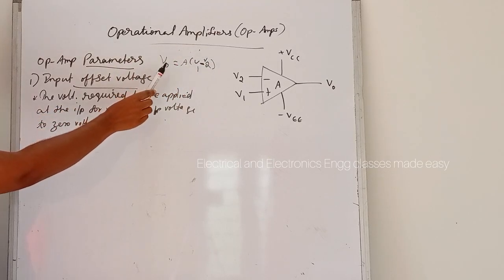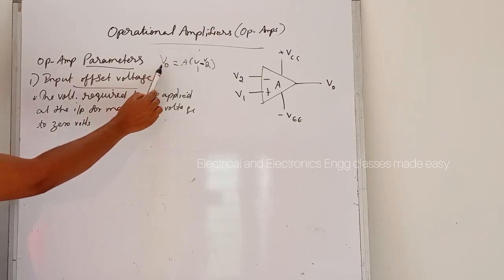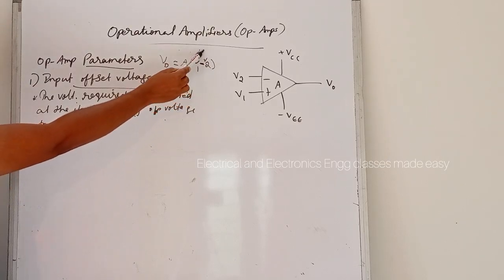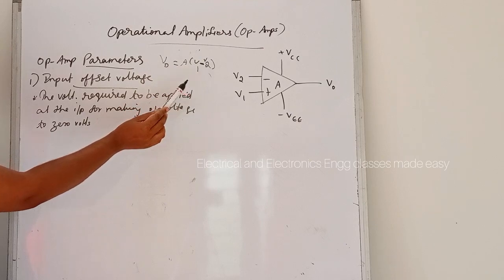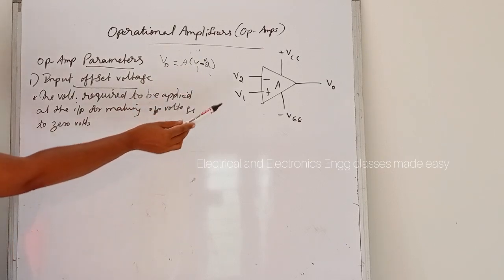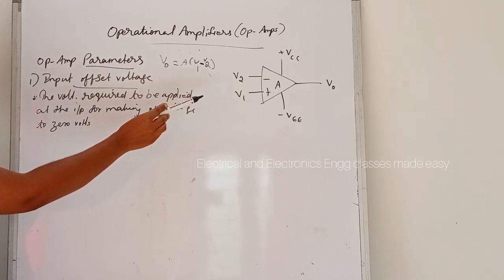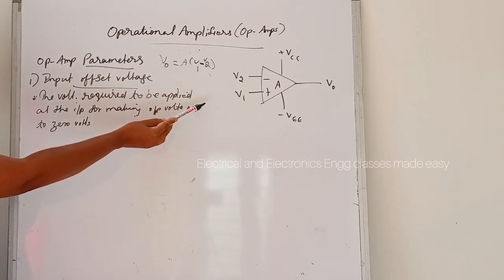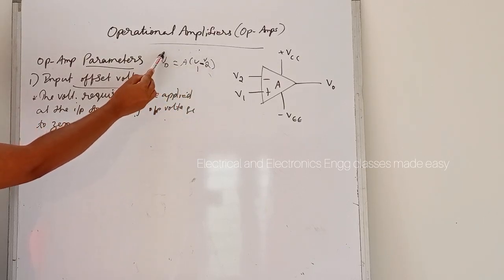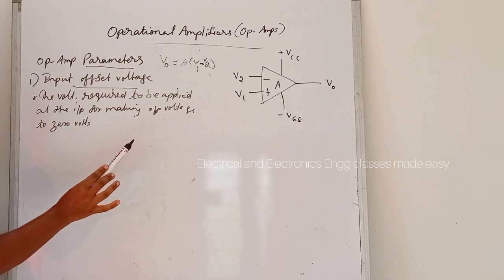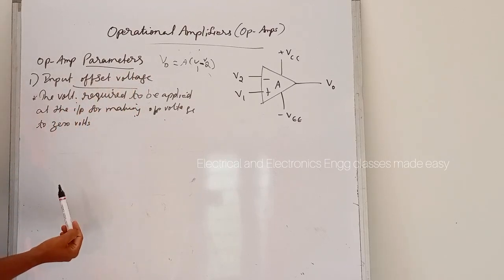It is found that the output voltage may still not be 0 with 0 input voltage, and this is due to unavoidable imbalances inside the op-amp, and one may have to apply a small voltage at the input terminals to make the output voltage 0. This is called input offset voltage.